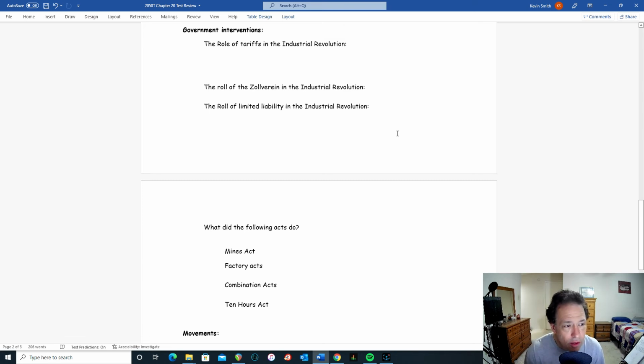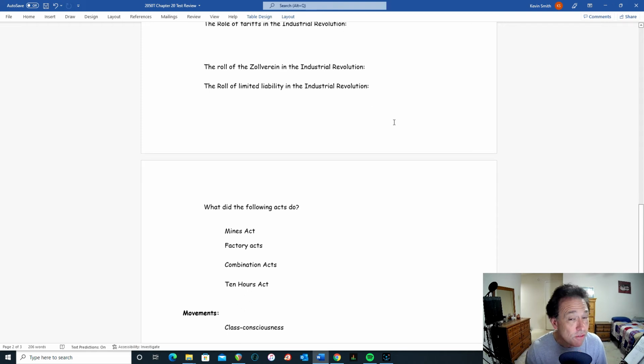The role of this thing called limited liability in the Industrial Revolution. Limited liability, you can think of it as kind of a financial product. It was developed in Belgium, and limited liability meant that if you bought stock in a company and thereby became a part owner in that company, and that company failed, the most you could lose was the amount that your stock was worth and nothing more.